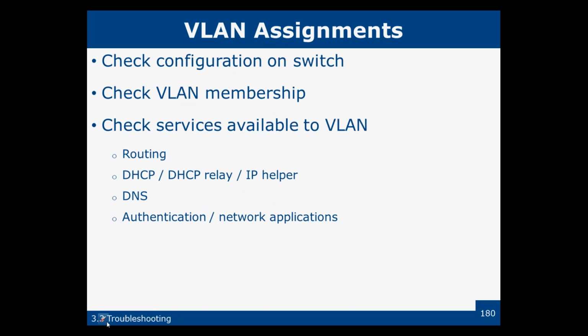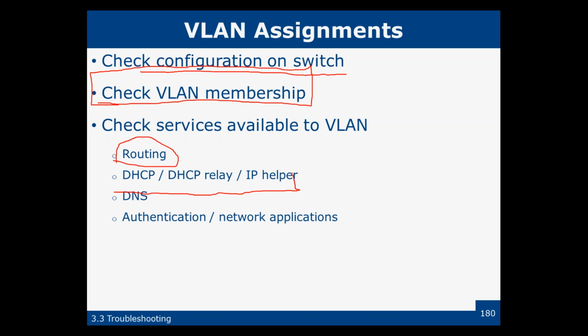VLAN assignments, we kind of talked about that, but check the configuration. Are the ports on the switch assigned to the correct VLAN? Check VLAN membership, which ports are assigned to that VLAN. First, services available, because if you're on a VLAN, you have to have routing.